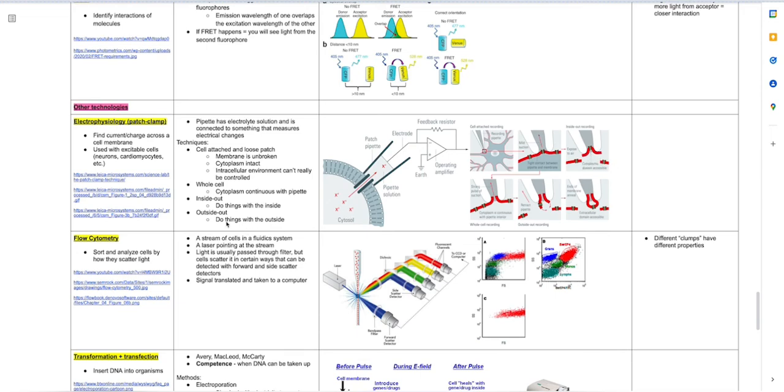The outside out method is the opposite. You do what you did with the whole cell recording. You suck up a little piece, you break it off, and then you wait until these two parts join again. So now you have access to the outside of the cell while controlling the inside. So you can do things with the outside now.